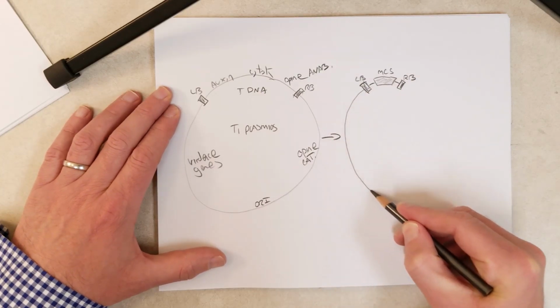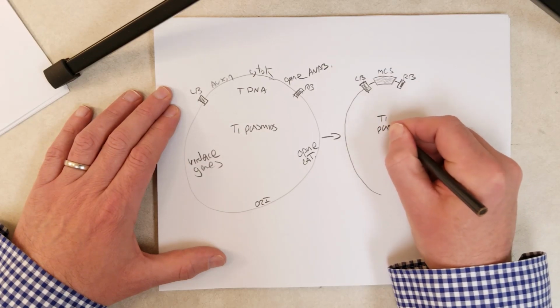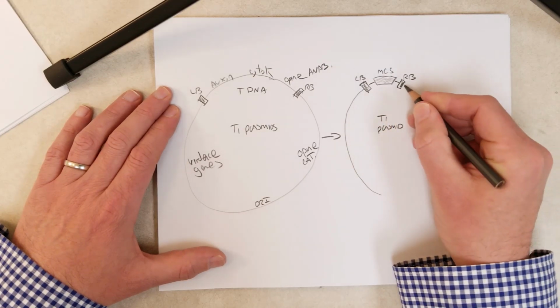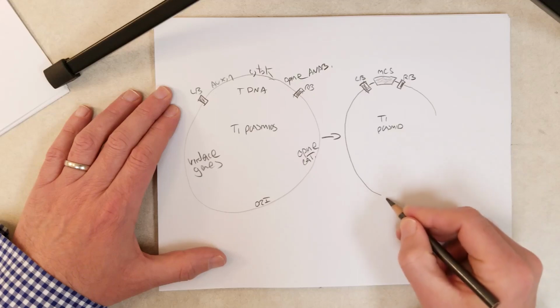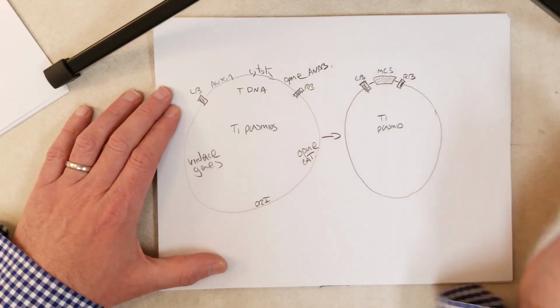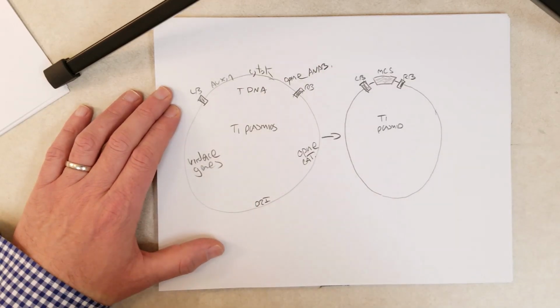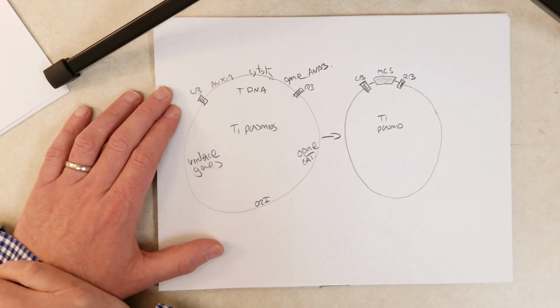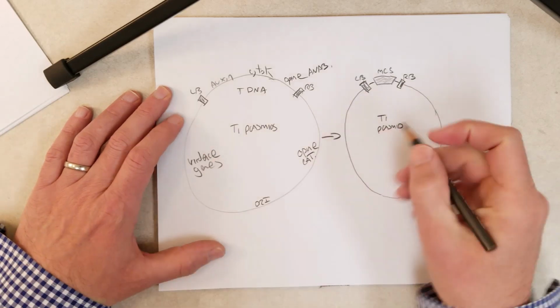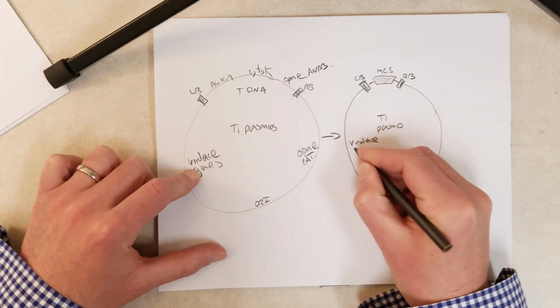So we can remove other things from this plasmid too to make it a little smaller, to make it easier to work with. Small plasmids are easy to work with because they're easier to get back into the bacterium after you take them out. The bigger the plasmid, the harder it is to get back into a bacterium using electroporation or the calcium chloride competency procedure that we talked about in a previous video. But we need to keep the virulence genes in there.